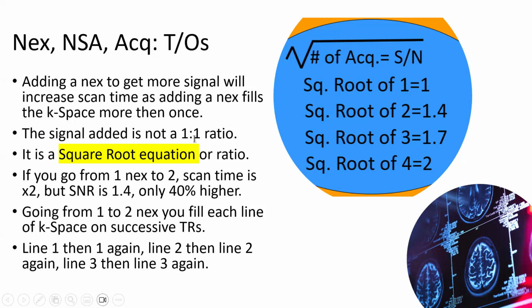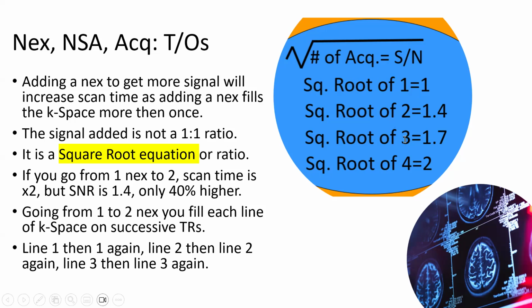All factors remaining the same, going from 1 NEX to 2 NEX, you're going to get 40% more signal to noise, but at the expense of twice the scan time. If you say, well, I still need even more signal to noise, I'm going to go from 1 to 3 NEX or NSAs or acquisitions.